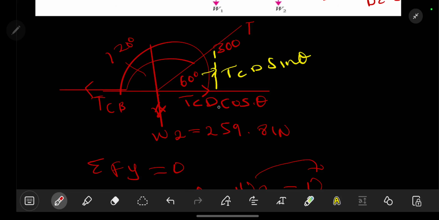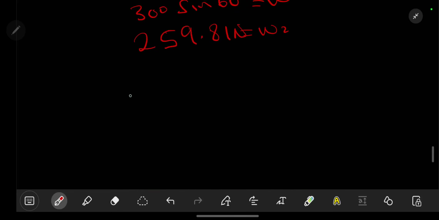Now let's find what our tension of BC is, or rather CB, since it's beginning at CB. The one that is in the x direction is moving in the opposite direction, which is our TCD. Our TCD is moving in that direction. So the summation of forces in the x direction is also equal to 0.